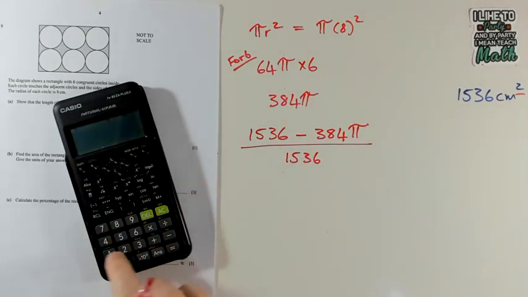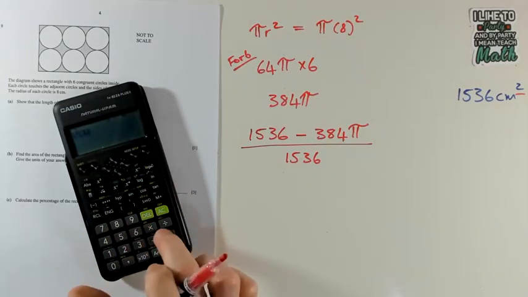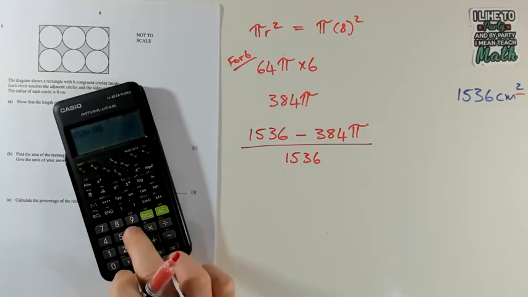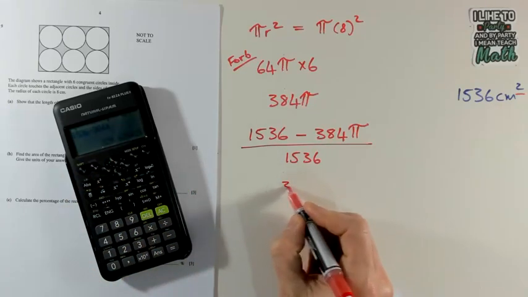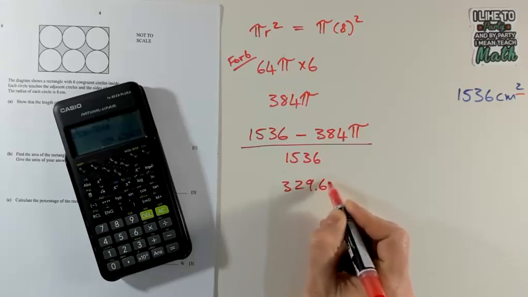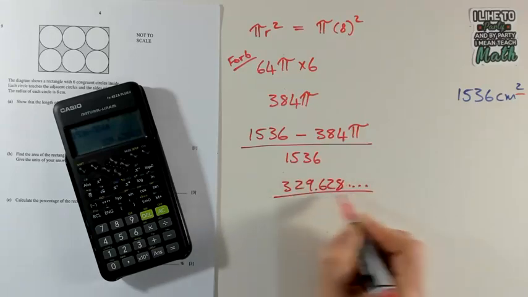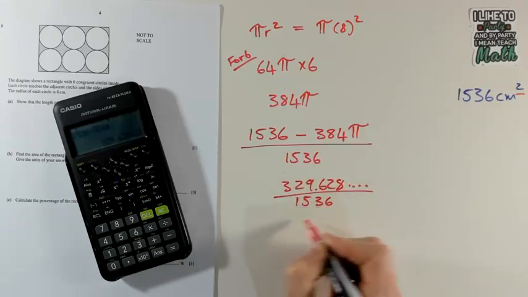So let's do this. 1536 minus 384 shift pi. That equals this. I'll just write this in: 329.628 and so on, all over 1536.